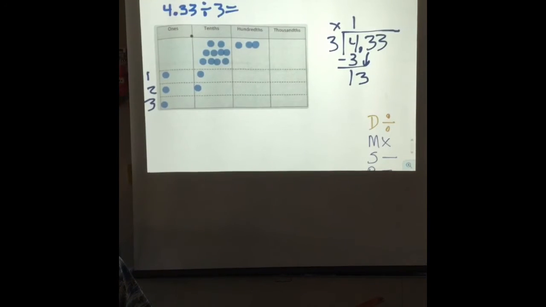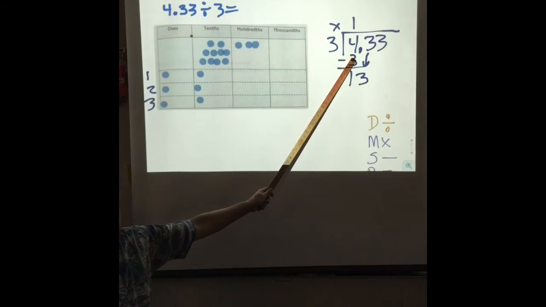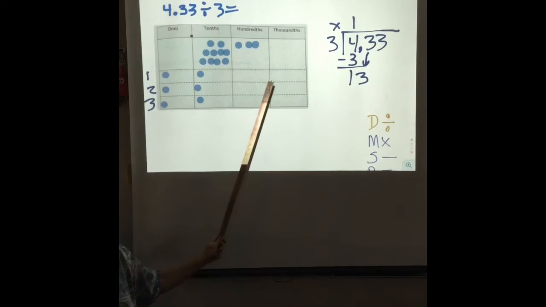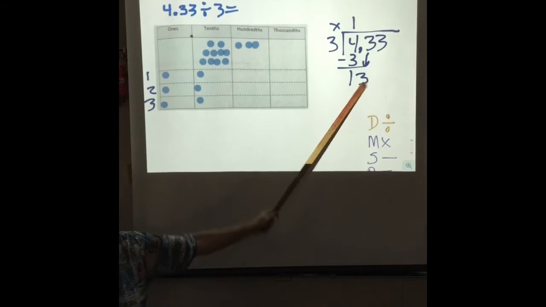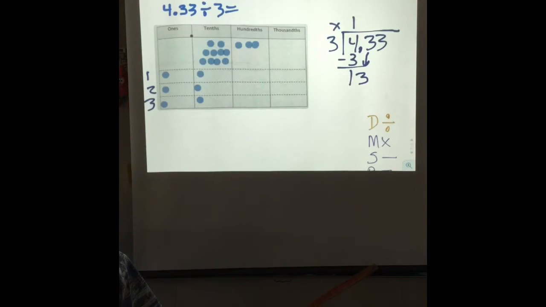Now it seems like this is kind of time consuming, and it is, but I want you to understand how this works with this, and understand what's going on in the algorithm. Okay? So I'm going to erase 3 dots, and I'm going to put them in my 3 groups, okay? 1, 2, 3. Is that okay to do it that way? 1, 2, 3, and so on.